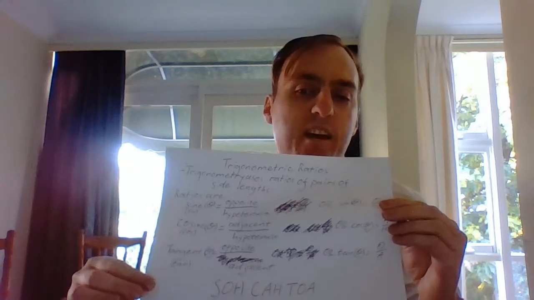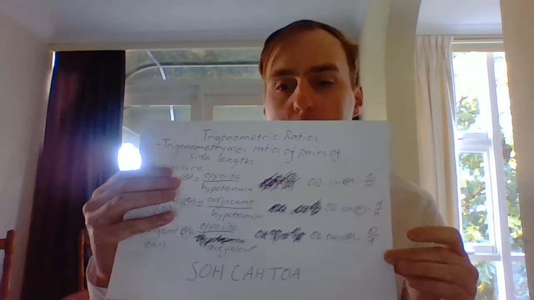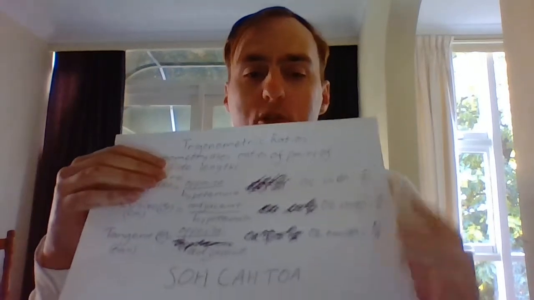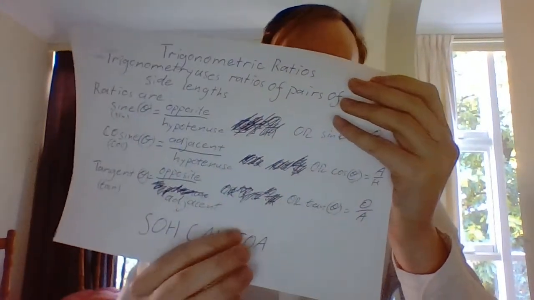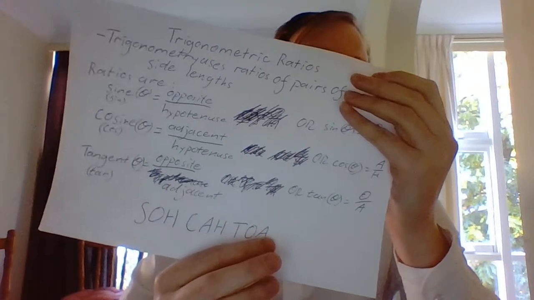This can be written as tan theta equals O divided by A. Now we can help remember this using a mnemonic called SOHCAHTOA. So S, sine equals O divided by H. C, cosine is equivalent to A divided by H. And T, tangent is equivalent to the opposite divided by the adjacent.